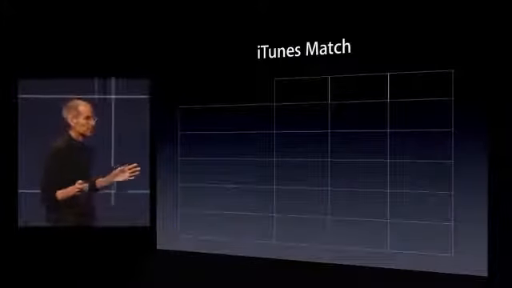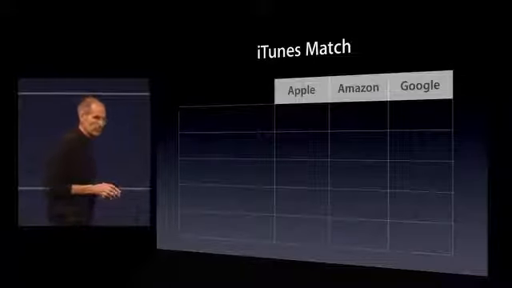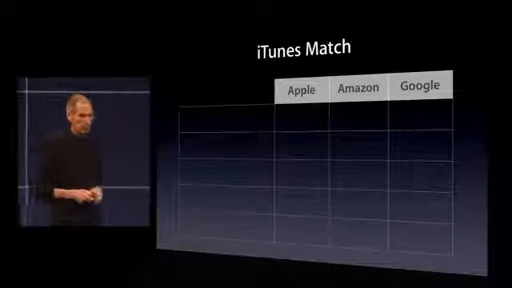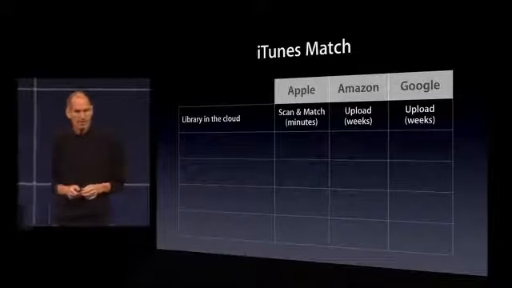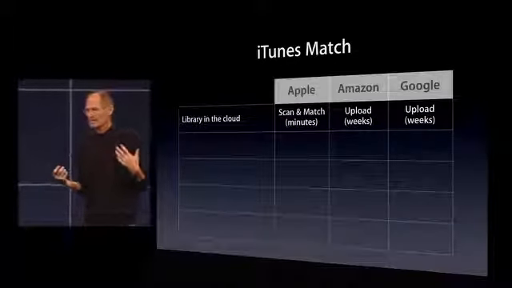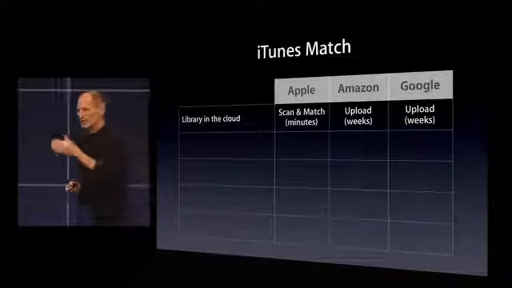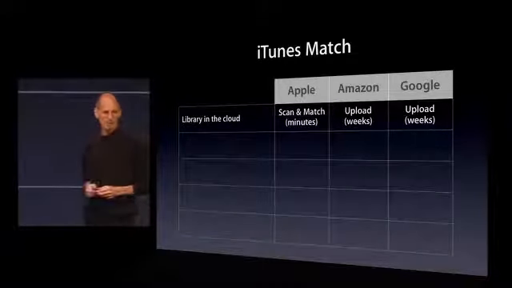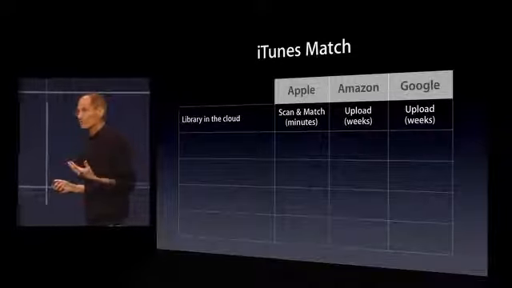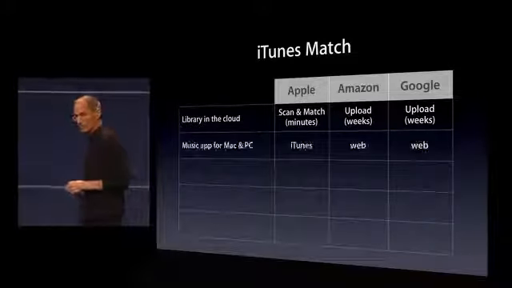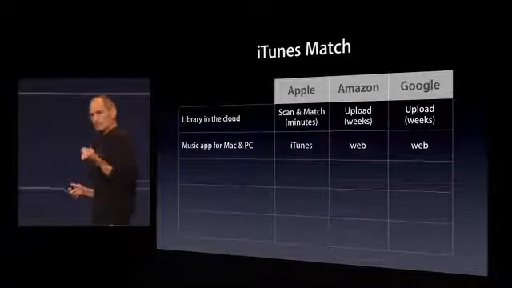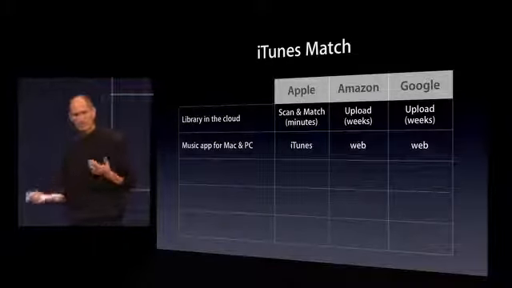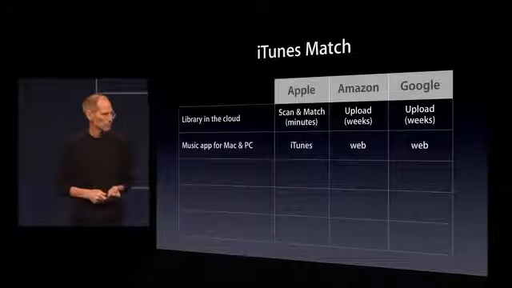Now, if you look and compare that to some competitors, let's just look at Apple and Amazon and Google, you kind of get surprised. Because, again, the library in the cloud, we scan and match. The other guys, you've got to upload your whole music library. Again, it's going to take weeks. Music apps on your Mac and PC, well, you're stuck with a web app instead of iTunes.